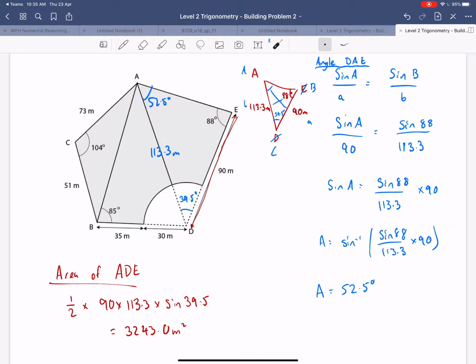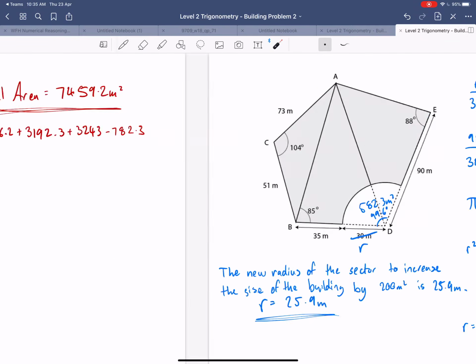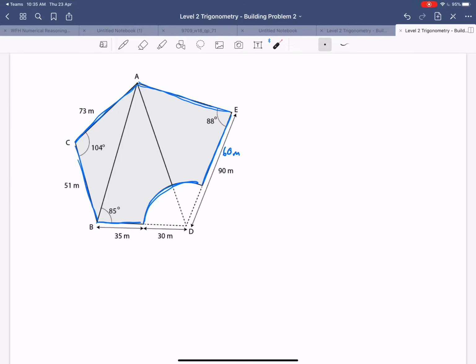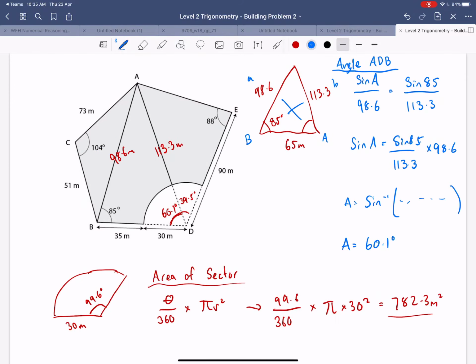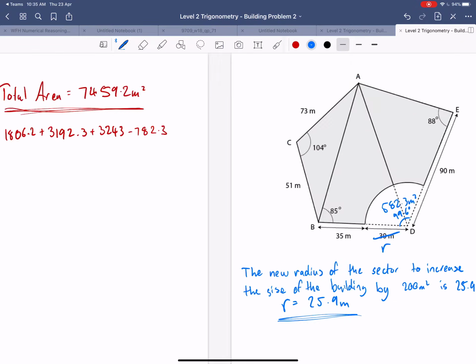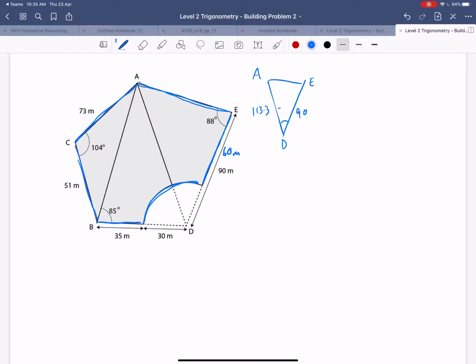So that is 113.3 and 39.5. So let's get a pen out. So I'm looking at ADE. That's 113.3, that's 90, and that was 39.5, was it? Yeah, 39.5.